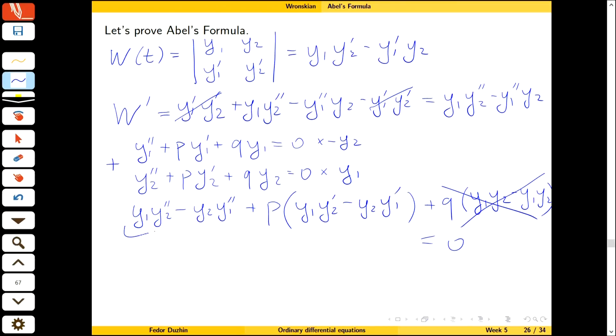But notice that the first part is nothing else but the derivative of the Wronskian that we just computed, w prime, and the second is the Wronskian itself, w.